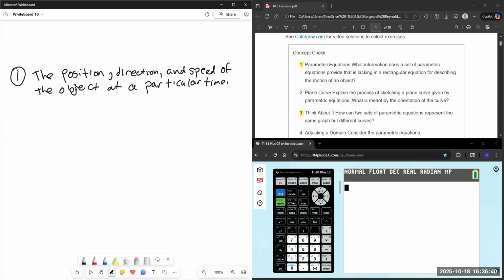How can two sets of parametric equations represent the same graph but different curves? So several different options here. The book is going to give you one possible answer here, but we could start off at a different initial position. So different initial positions, everything else the same. We could be traveling along the same path at different speeds.